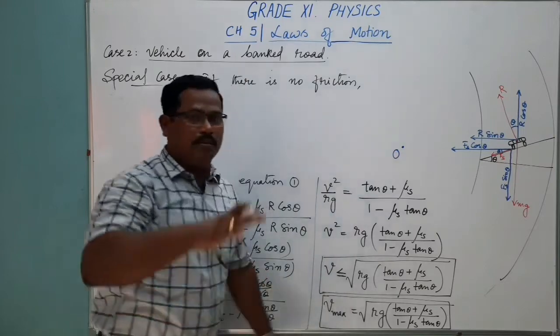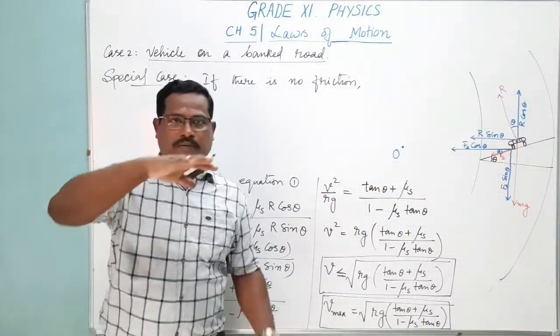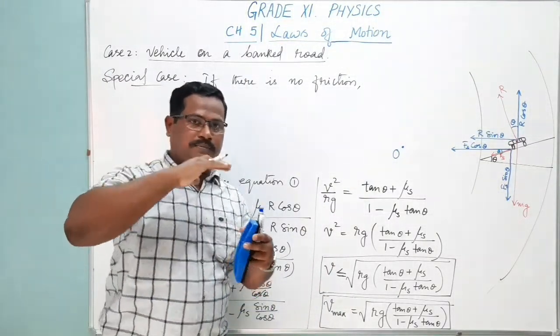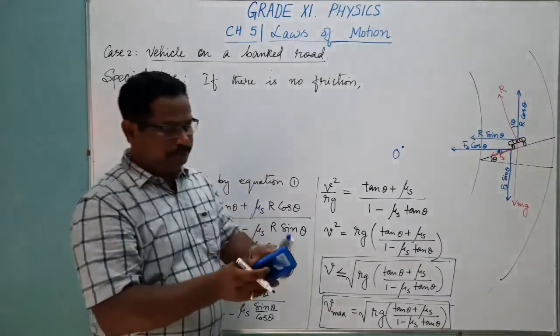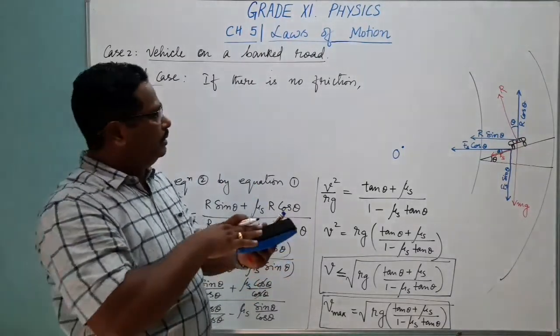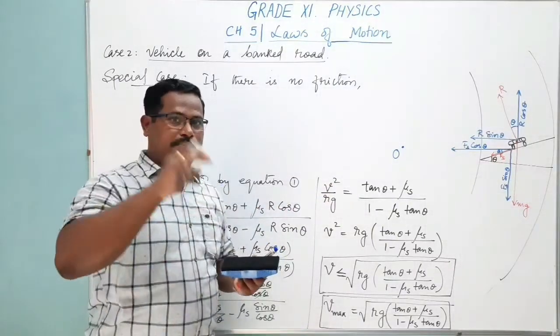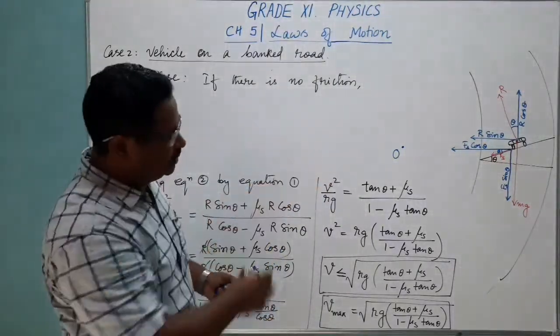Suppose the tire is worn out completely, it is fully flat. Flat means that it has become smooth. The tire became very smooth, cannot provide friction with the ground.